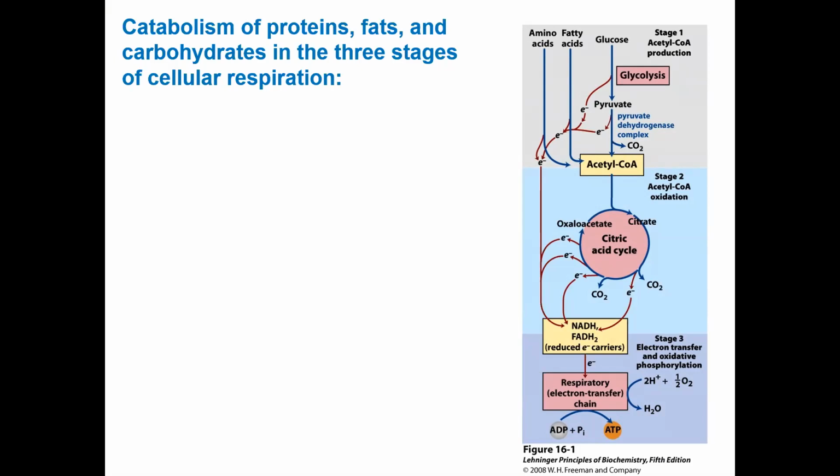So again, catabolism, or as we loosely call it, metabolism, catabolism of proteins, fats, and carbohydrates, they all occur in three steps, right? So in the first stage, you can see here, you produce acetyl coenzyme A. Okay, so whether you take glucose, fatty acid, or amino acid, you actually produce activated acetate.